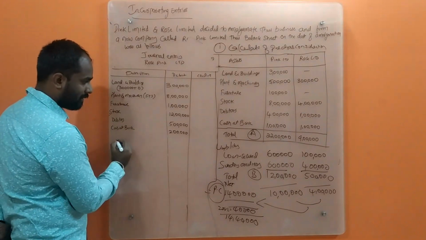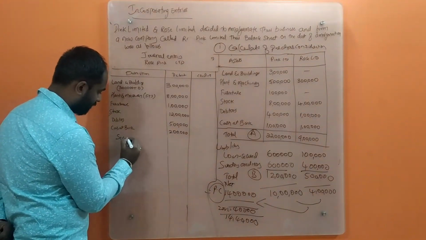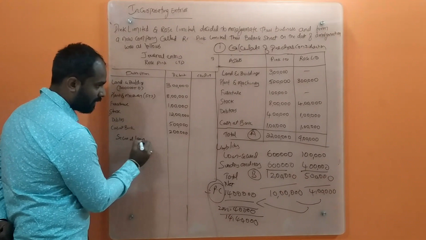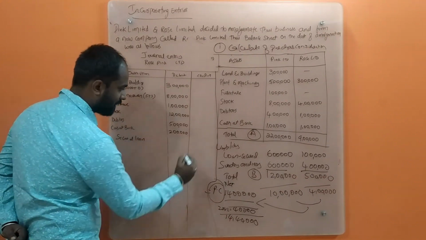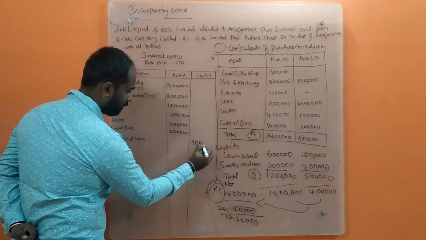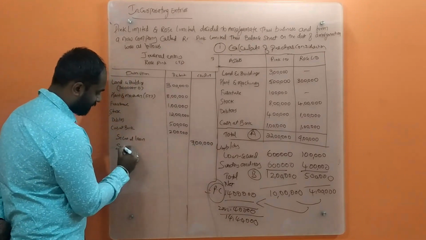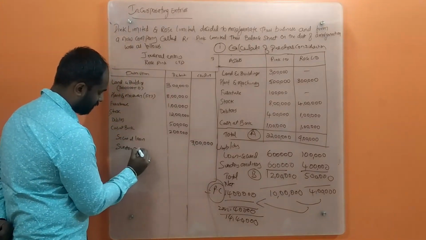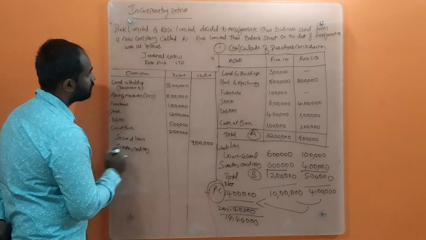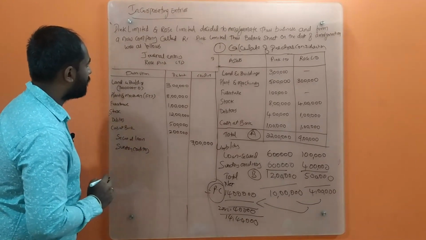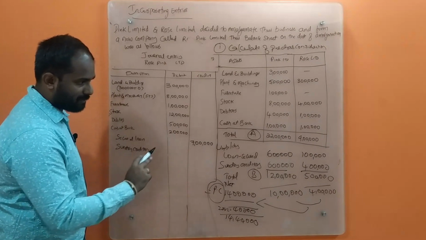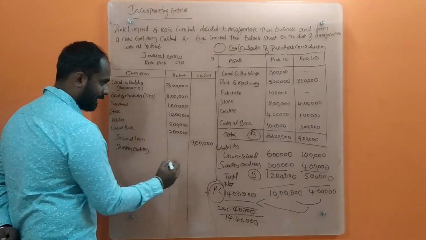So what are the secured loan? First thing, that is 6 plus 1, 7 lakh. Okay, next, sundry creditors. 6 plus 4, total 10 lakh.